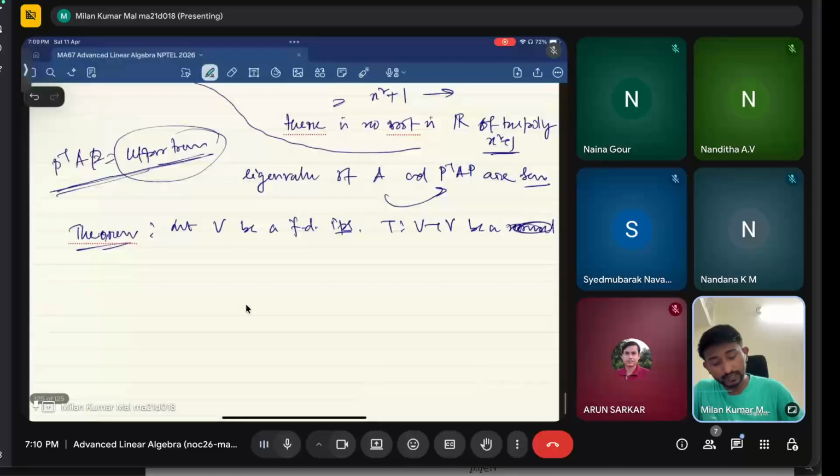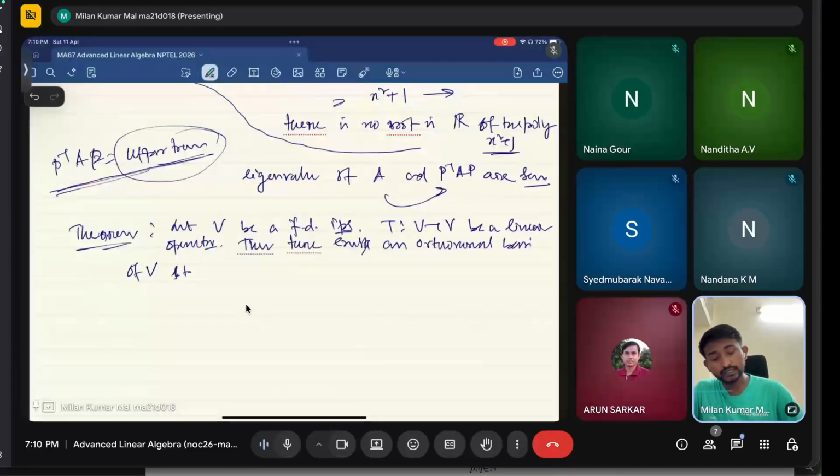Then there exists an orthonormal basis of V such that the matrix representation of T is diagonal, that is, diagonalizable.